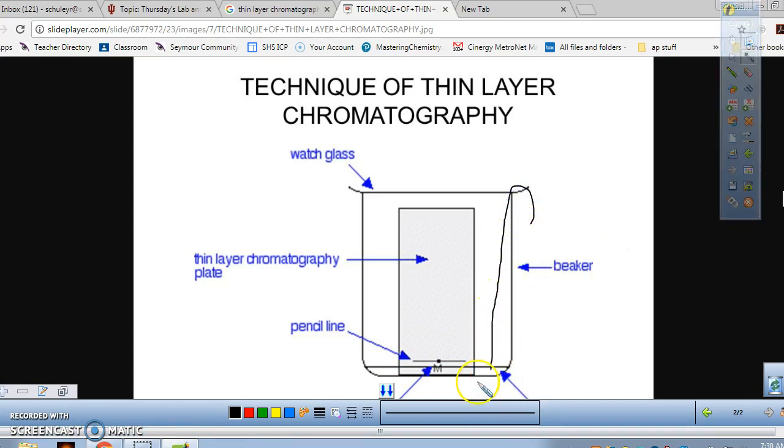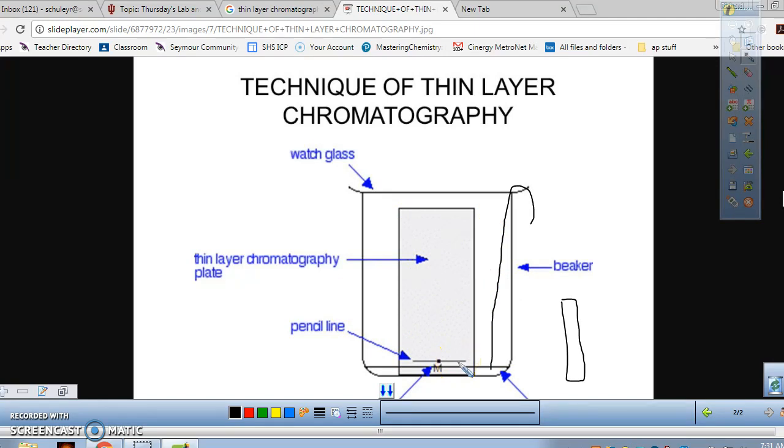So that would be a piece of just filter paper cut in a strip like that, hanging in there. And what that does is, when this solvent soaks up that paper, it fills the chamber, and you need a lid on this, it fills the chamber with the vapor of the solvent so that the paper stays moist as you're doing the experiment.